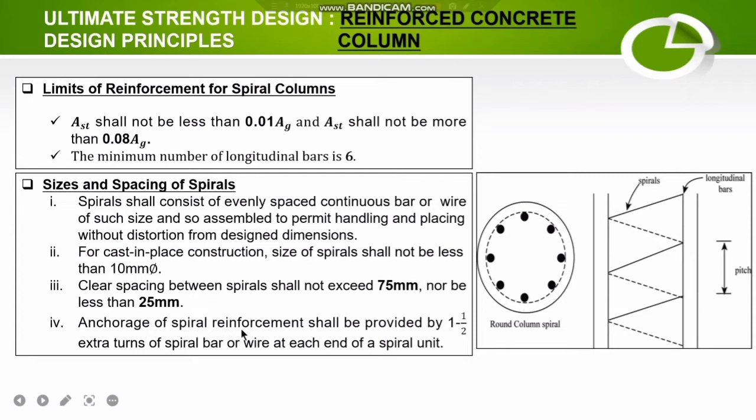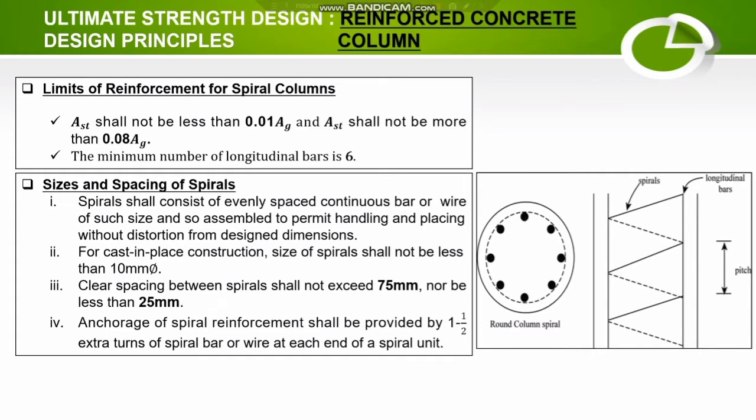Then, anchorage of spiral reinforcement shall be provided by 1 1/2 extra turns of spiral bar or wire at each end of a spiral unit. So, this one is an example of a spiral column.